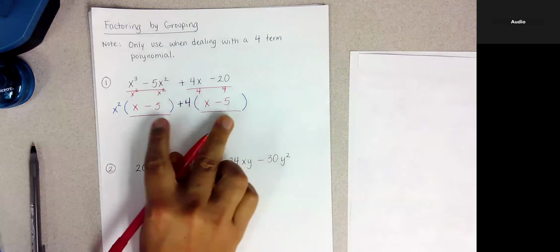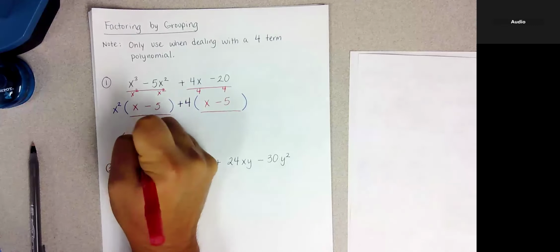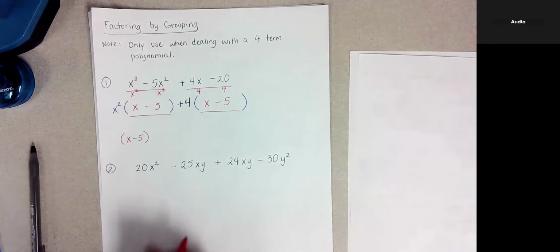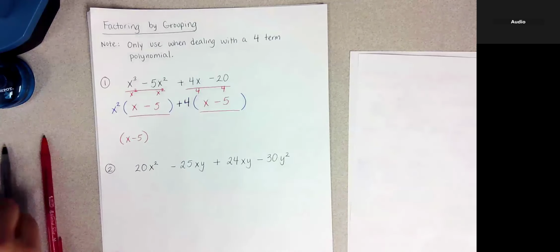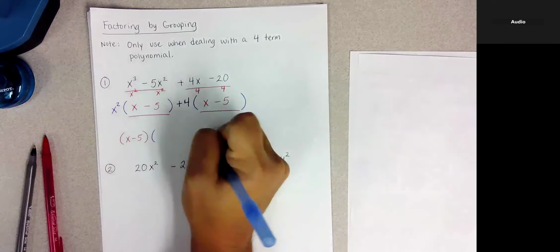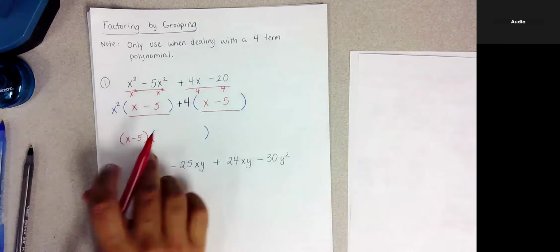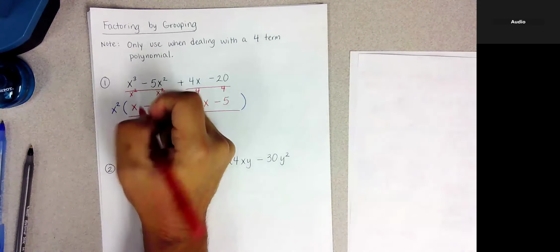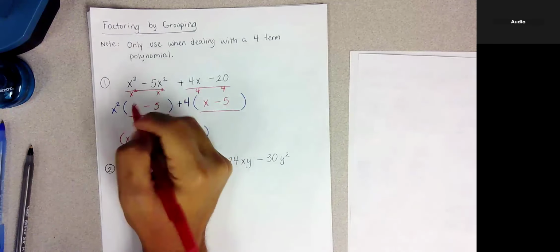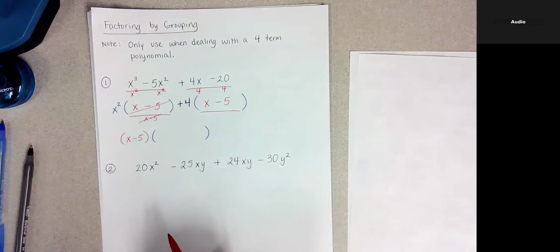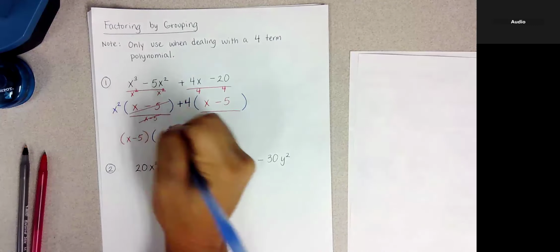This now becomes the GCF, the x minus 5. So I'm going to write x minus 5 as my GCF. I'm going to pull that out or factor that out to the front of this expression. And then I will open up another set of parentheses to see what's left over. So if this is the GCF and I divide it out of this term, these guys cancel out. And what's left over is just the x to the second power.